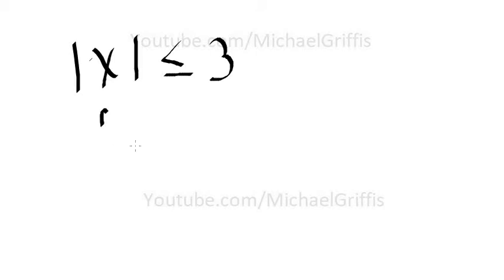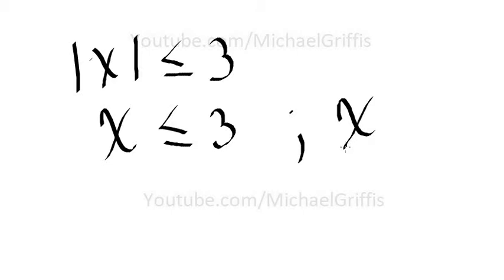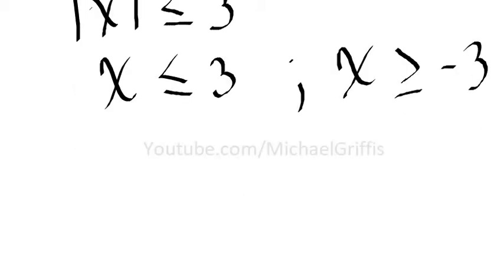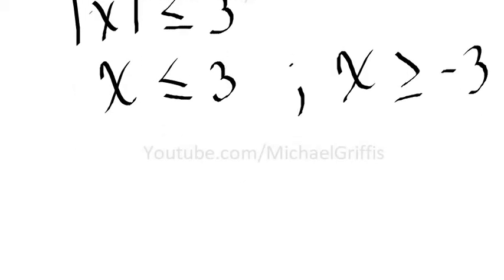Drop the absolute value signs. This time we're going to flip the inequality and make the right hand side negative, just like what we did when we were doing absolute value equations, except this time we're going to flip the inequality.